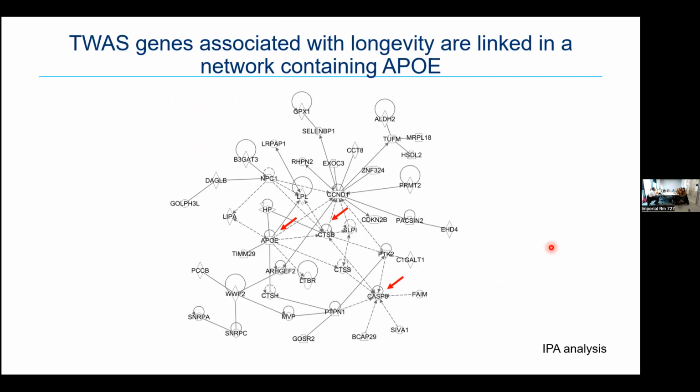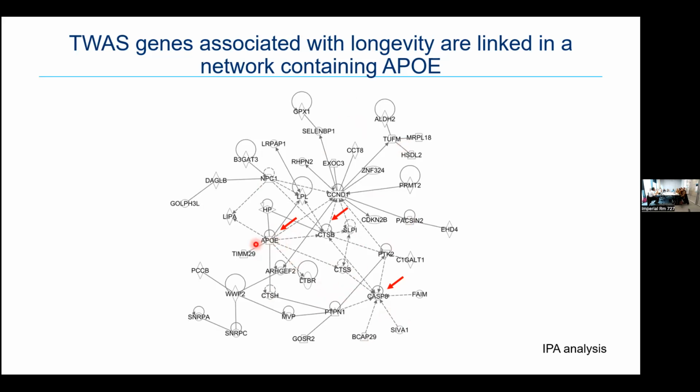So we used Ingenuity analysis to try and understand what the connection might be. About half of those genes, about 50 of them, seem to be involved in ApoE signaling. So they're presumably upstream or downstream of ApoE. I guess it's not a surprise.